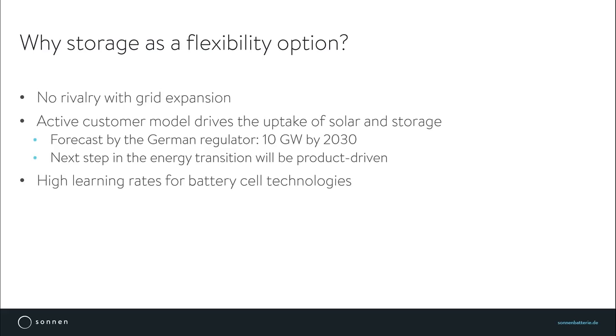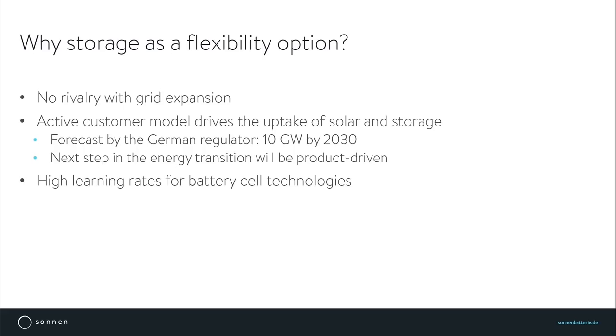Just to give you an idea, the forecast by the German regulator is that we're going to see 10 gigawatts of really small home storage units by 2030. And the German regulator, I would say, is usually rather conservative in their assumptions. And it would be rather stupid not to make use of these resources for the system as a whole.